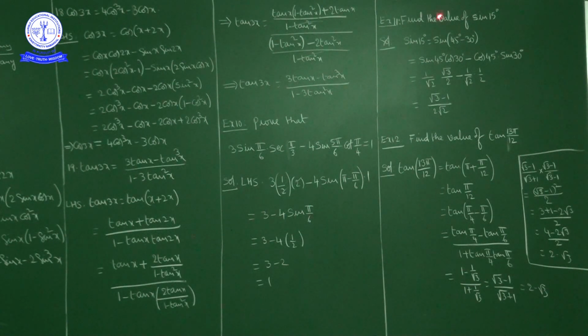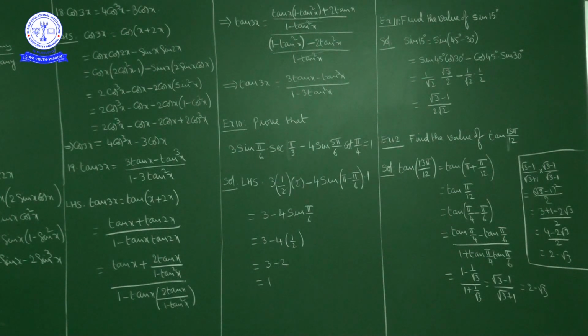So sin 15 degrees write as sin 45 degrees minus 30 degrees. Now sin x minus y formula: sin x cos y minus cos x sin y. In place of x we have 45 degrees, in place of y we have 30 degrees. After substitution and simplifying, what we got? Root 3 minus 1 by 2 root 2. So sin 15 degrees is root 3 minus 1 by 2 root 2.